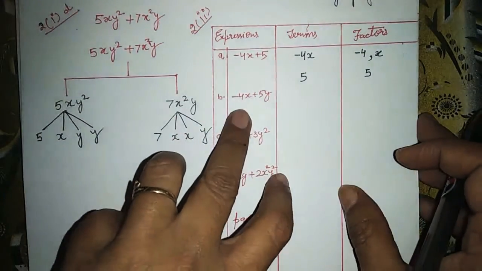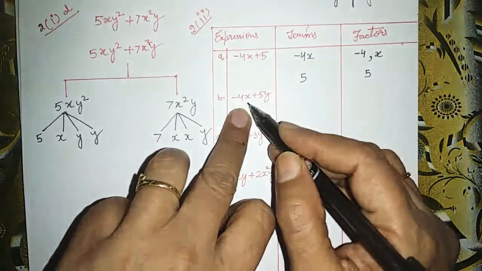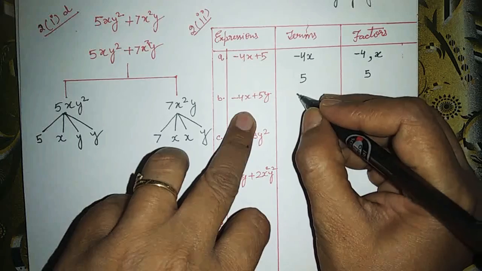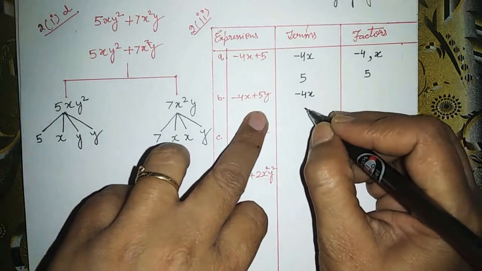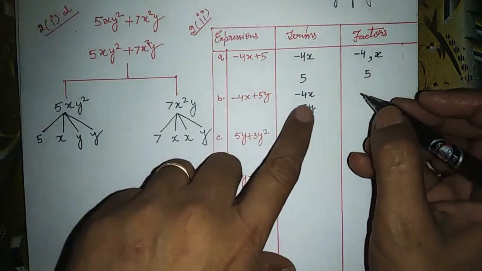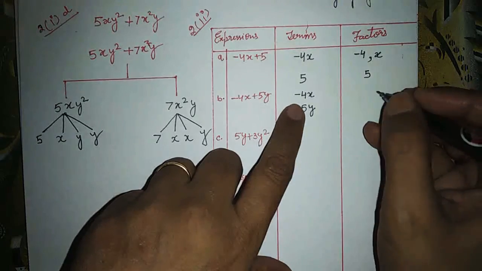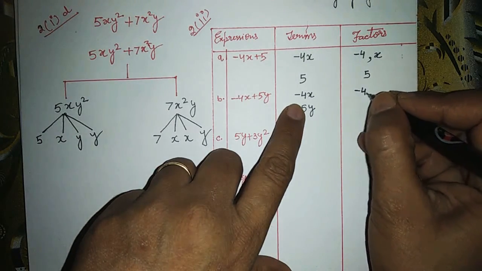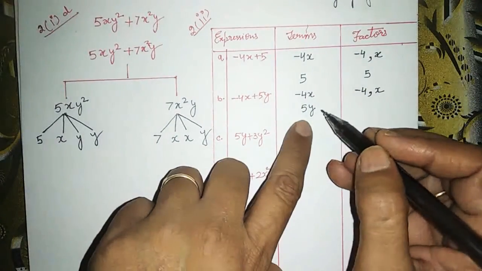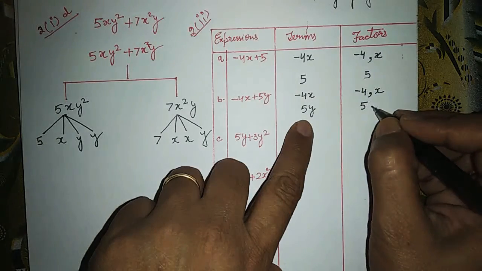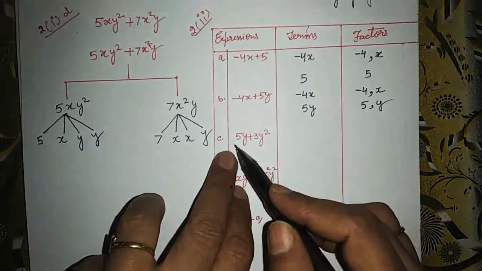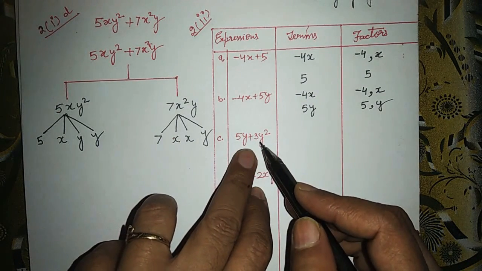Now see the second expression, minus 4x plus 5y. Here the first term is minus 4x, the second term is 5y. Now we will write factors of minus 4x. So the first factor is minus 4 and the second factor is x. Here what we will write? 5 and y.